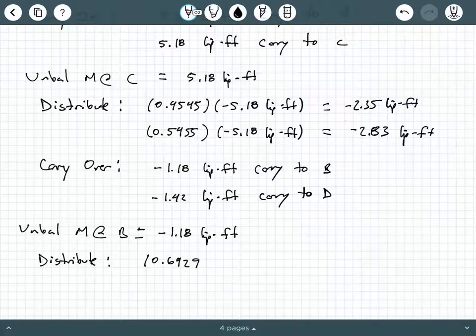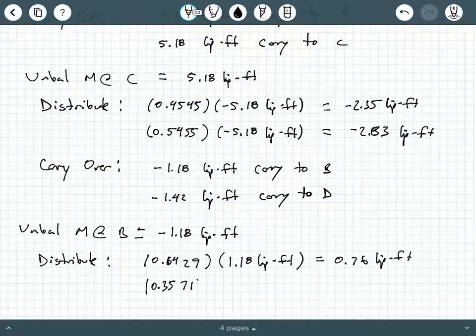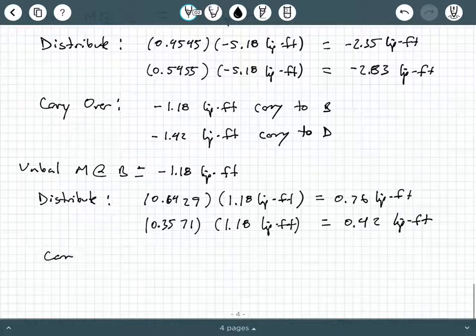We're going to have 0.6429 times the negative of that 1.18, so that's positive 1.18 kip feet. So I get positive 0.76 kip feet, and then I've got 0.3571 times 1.18 kip feet, which gives me a positive 0.42 kip feet.